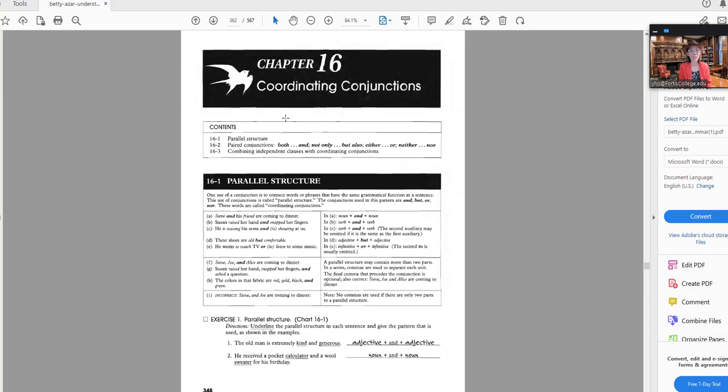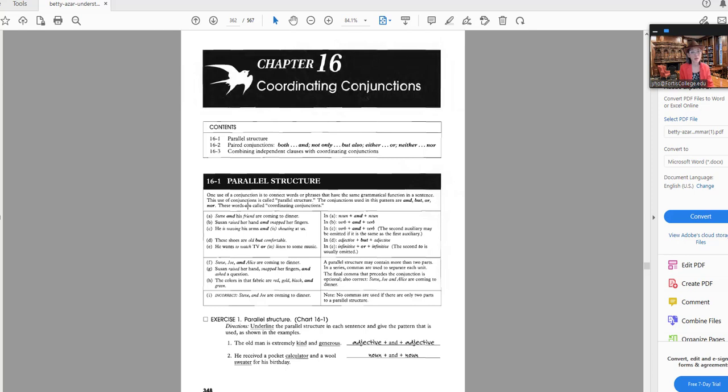Coordinating conjunctions occur whenever we have two sentences, two independent clauses, that get to be connected by a conjunction. Coordinating conjunctions connect two independent clauses of equal significance. One use of a conjunction is to connect words or phrases that have the same grammatical function in a sentence.